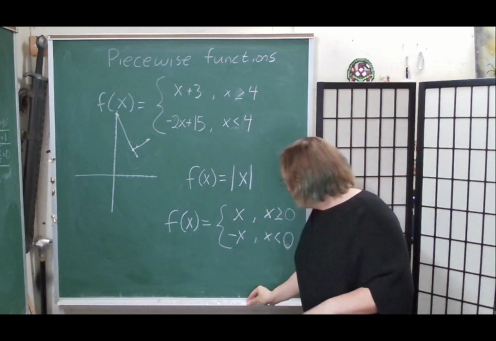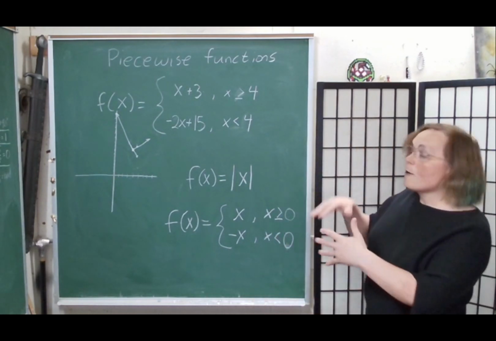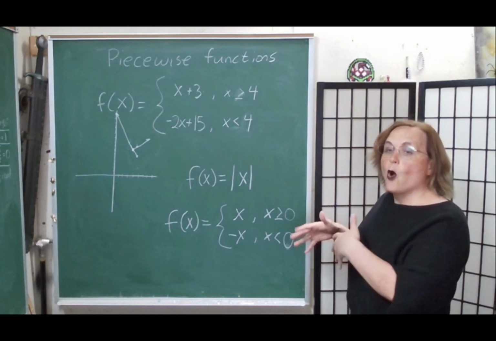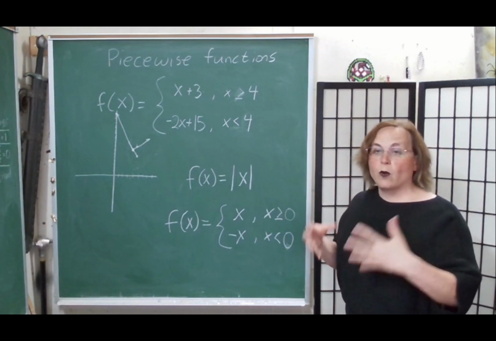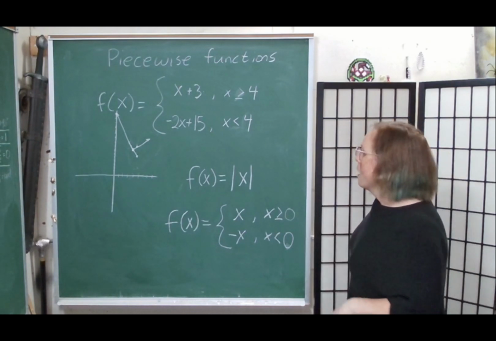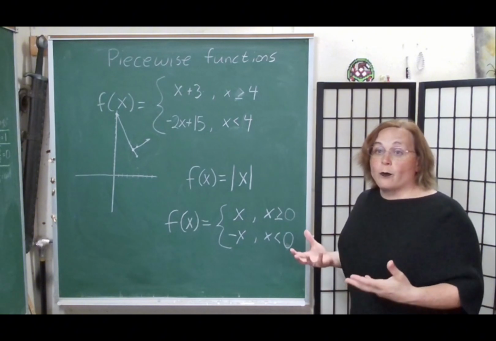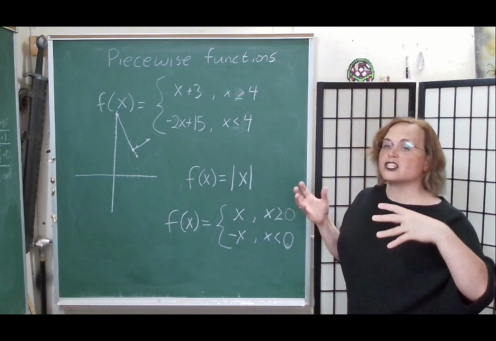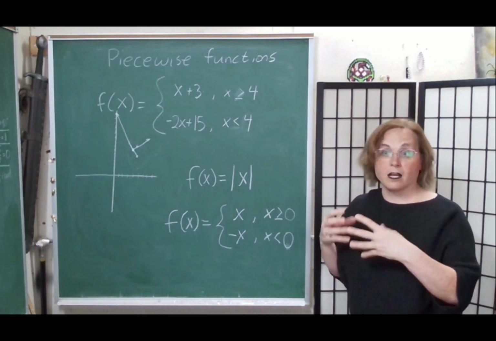Okay? Now, the reason we care about piecewise functions is because we care about absolute value when we start to work with the fundamental concepts in calculus. Because we're going to be working with distance, and absolute value is very much tied in with the concept of distance.